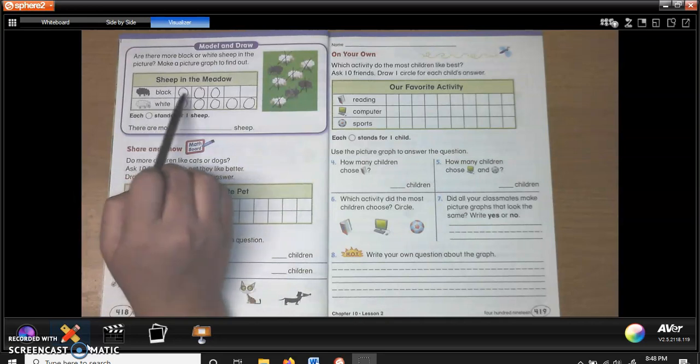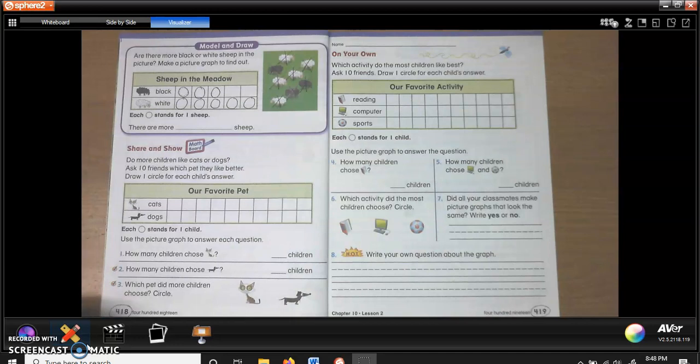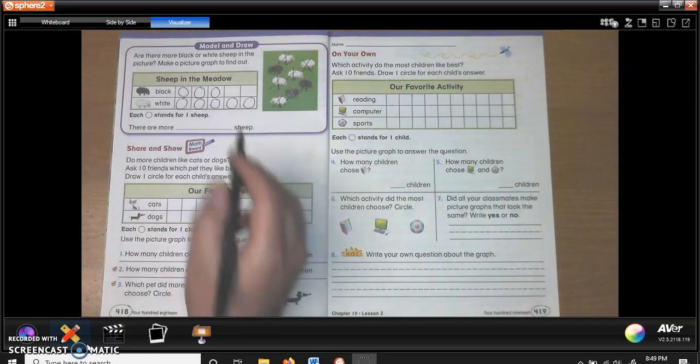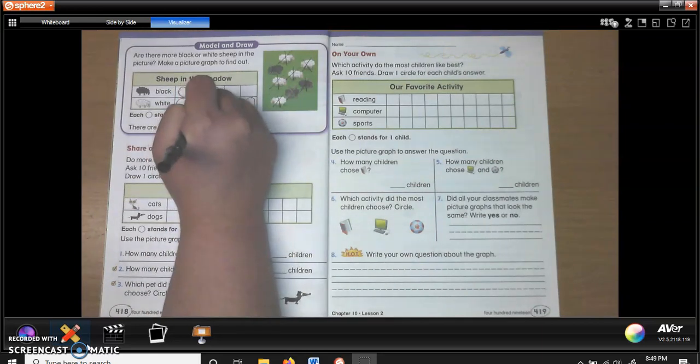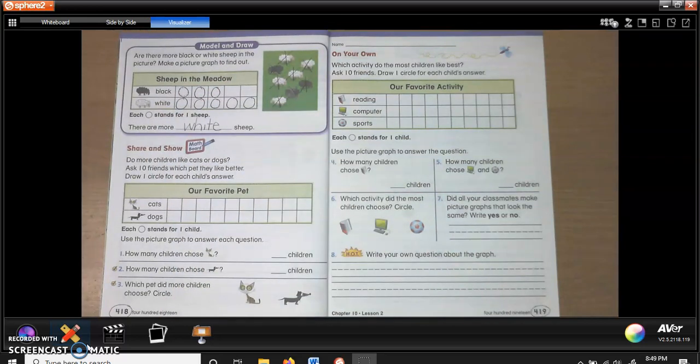Are there more black sheep or are there more white sheep? Which one has more pictures beside it? The white sheep has more pictures beside it. So I'm going to go ahead and write the word white. There are more white sheep.